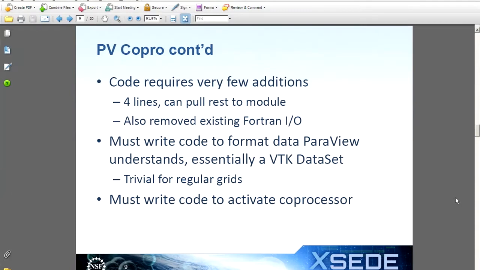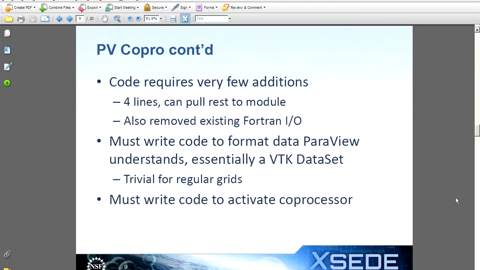They didn't have anything on the ParaView wiki at the time, I don't think, but they did have, with the distribution, an example of an instrumented simulation called FASTA, which is a Fortran simulation that had been instrumented with the co-processing.